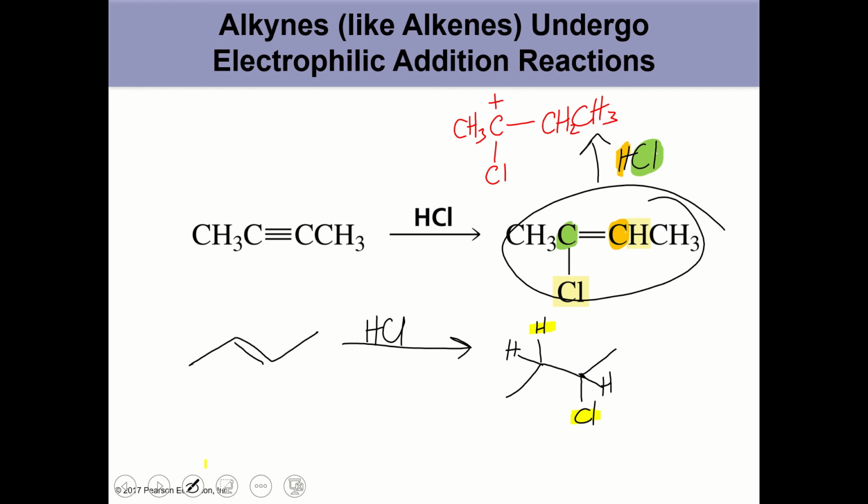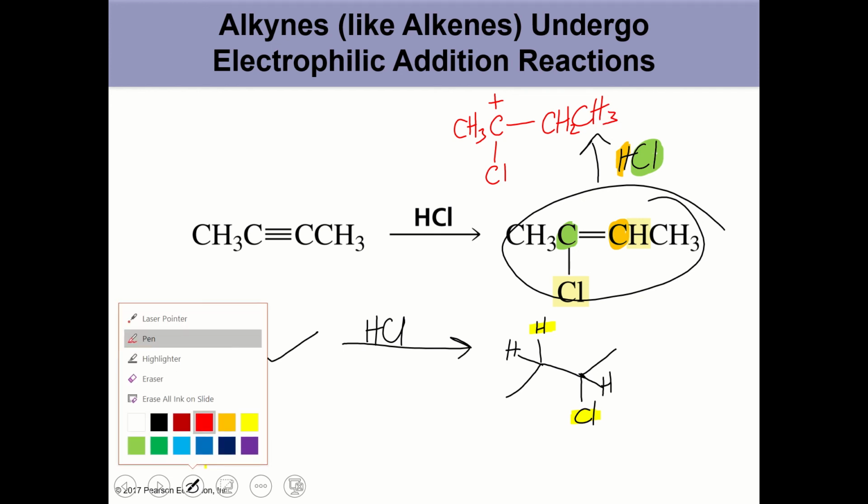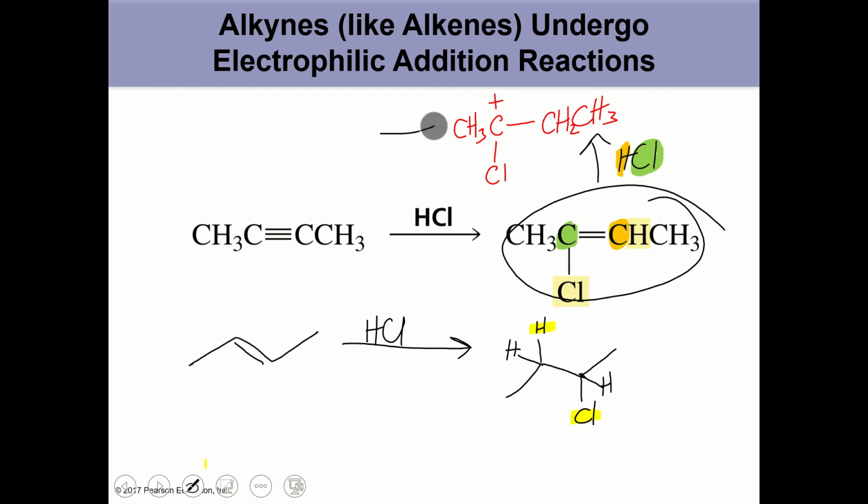So that would be our intermediate cation. And then from there, on the next step, chloride ion, Cl-, would donate a lone pair of electrons to bond to this positively charged carbon.